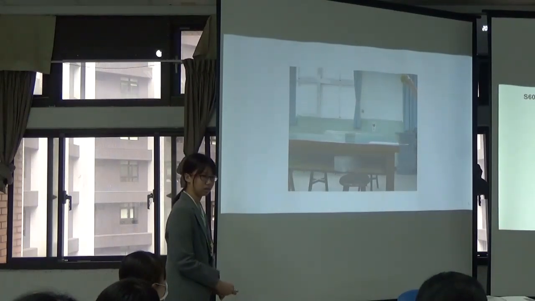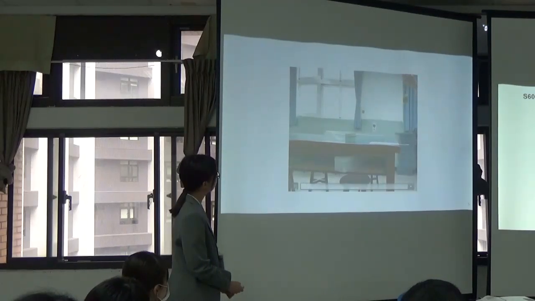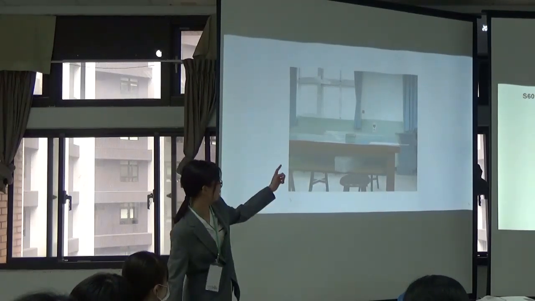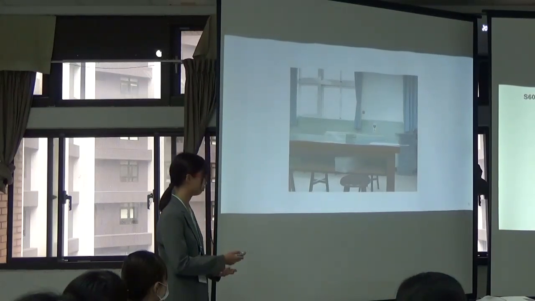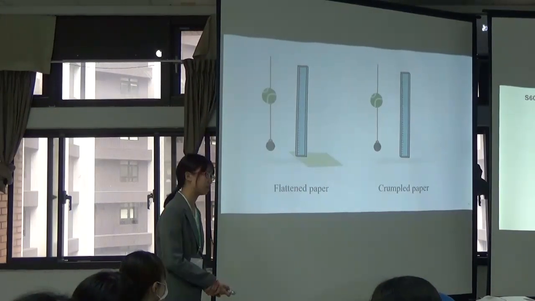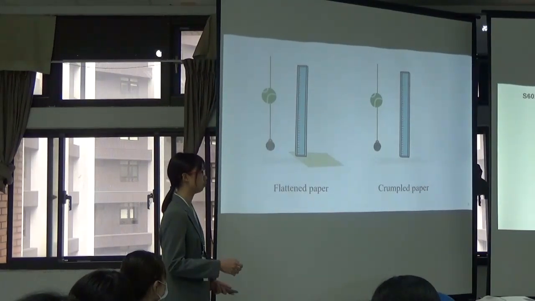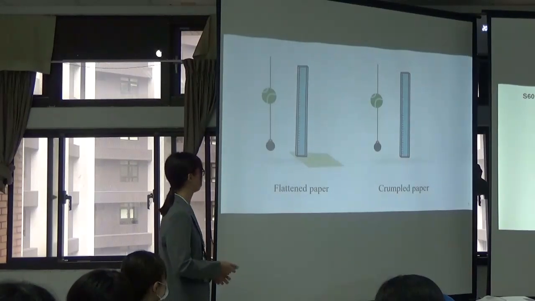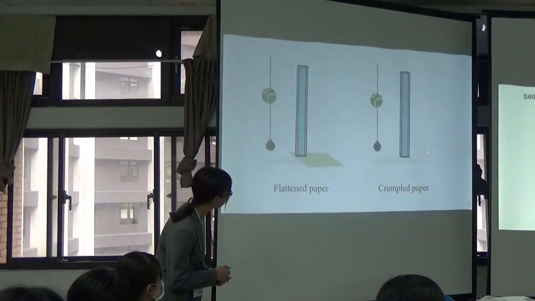And so this is our experimental video. From the video you can see that the ruler didn't fall off because it's covered with a paper. First we want to know if it was influenced by the weight. So we do the same experiment with the flattened paper here and also the crumpled paper.